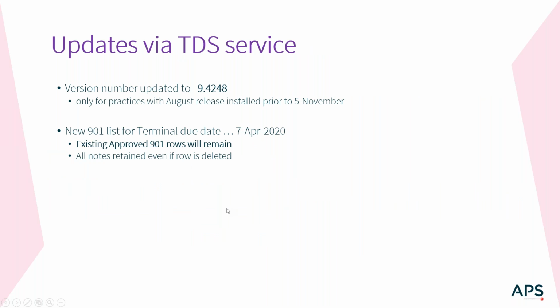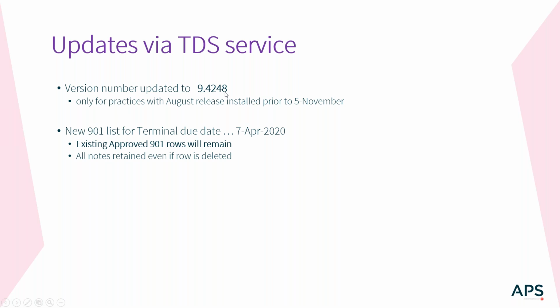So as we made clear in the earlier workshops, we were able to deploy some of these fixes to the tax schedule section of the tax summary report and to the 901 application via the TDS service. So if you're in your central menu and you go into the About Advance and open that up, the NZ tax version will have been updated to 9.4248.